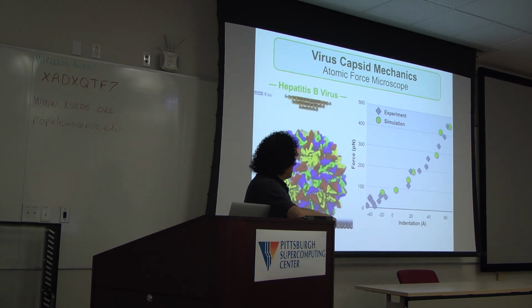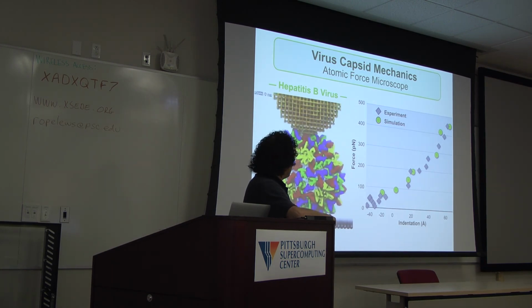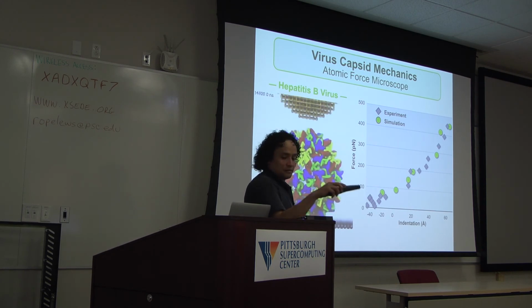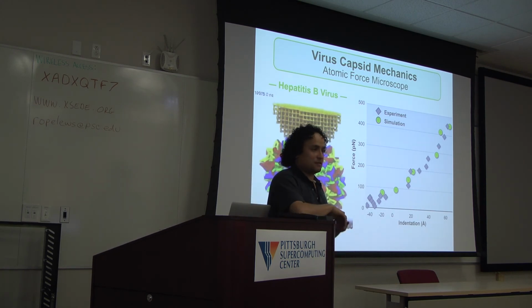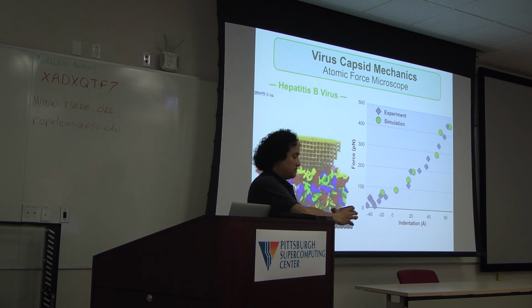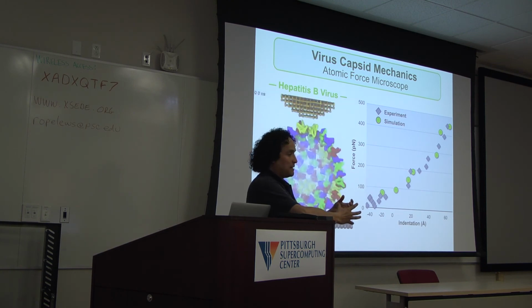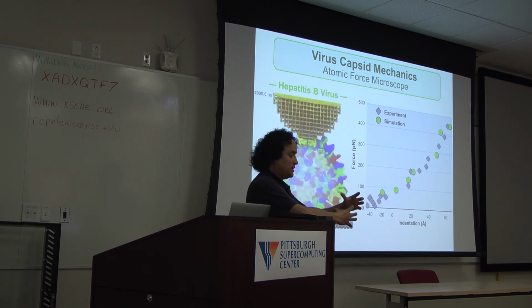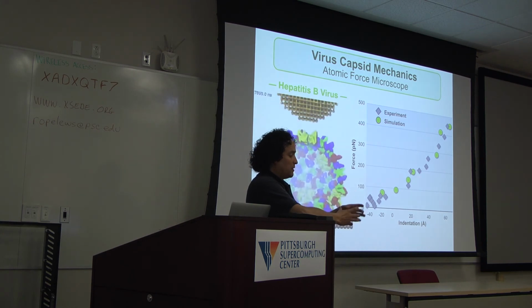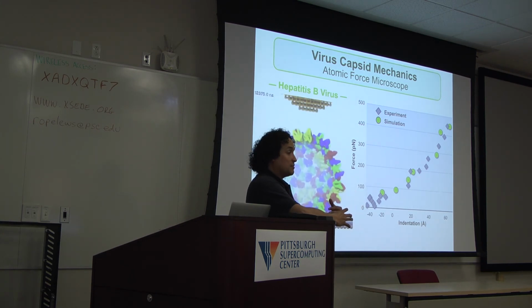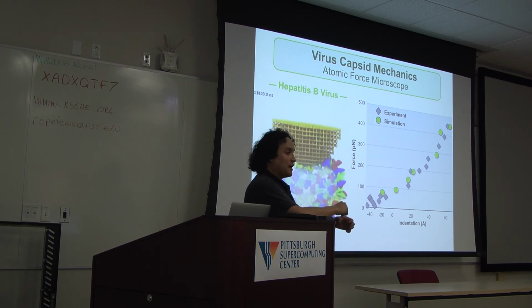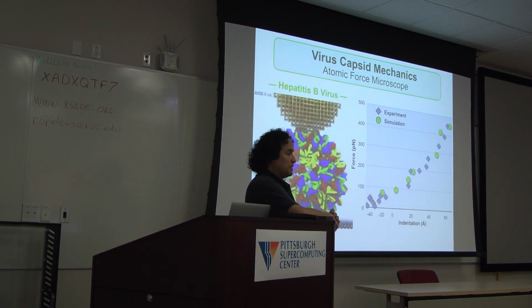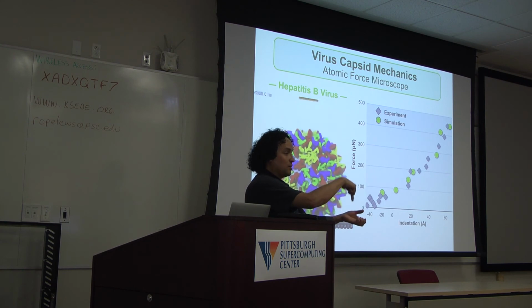If you're interested in looking at nano indentation in virus capsids, which are made of essentially hexamers and pentamers, there has been a debate whether the pentamers or the hexamers are more rigid. The way people have been studying this is through AFM nano indentation, but they just press, they don't really know where they're pressing.